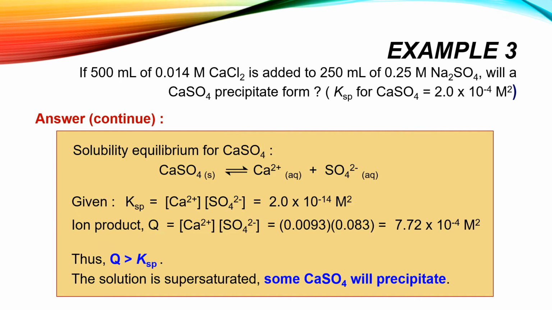By substituting the concentrations obtained from the calculations, we can determine the ion product, Q, which is 7.72 × 10^-4. By comparing Q and Ksp, we can observe that Q is greater than Ksp. Thus, the solution is supersaturated, so some of the calcium sulfate will precipitate.